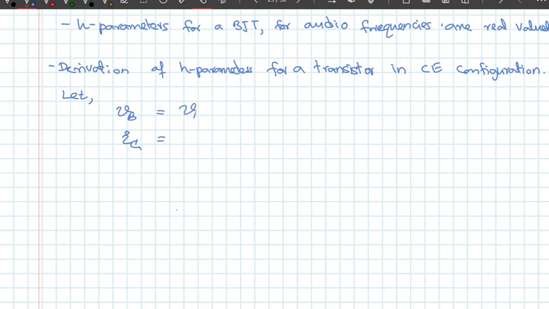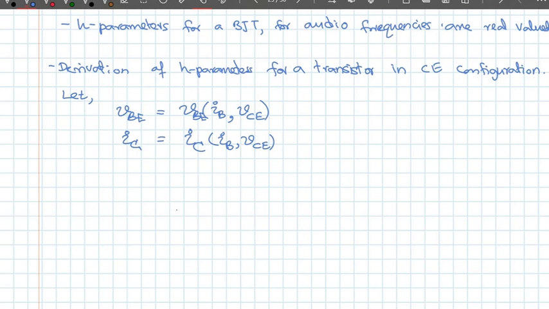So VBE is a function of the input current IB and the output voltage VCE, and IC is also a function of IB and VCE.